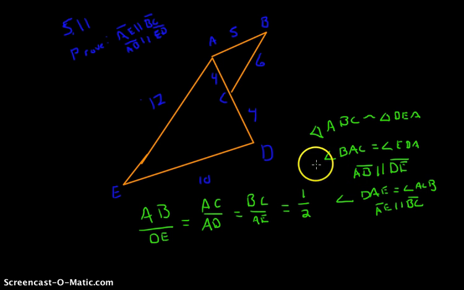And so by proving that these two triangles are similar, you can use that to prove that these angles are equal, and so that proves that these two lines are parallel and these two lines are parallel. So that's one of the ways you could use side side side similarity in one of these situations.